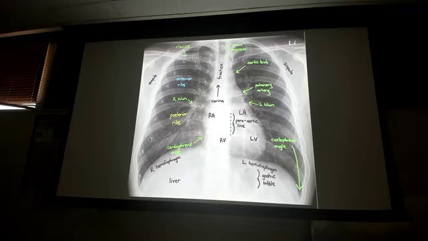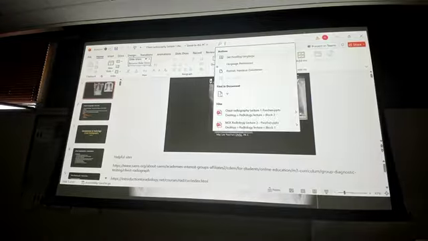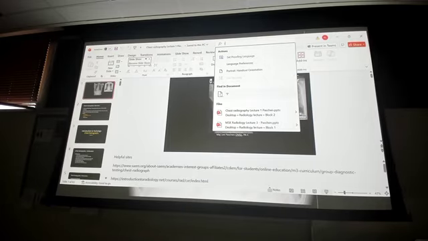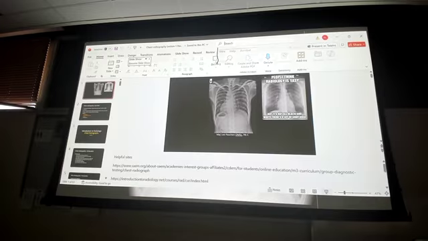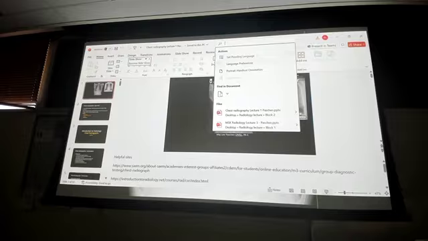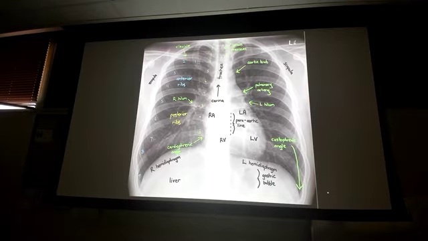Let's draw some pictures and talk about this guy. This is the one that I like the most. So, airway. Right? Trachea. This tube. I can draw here.